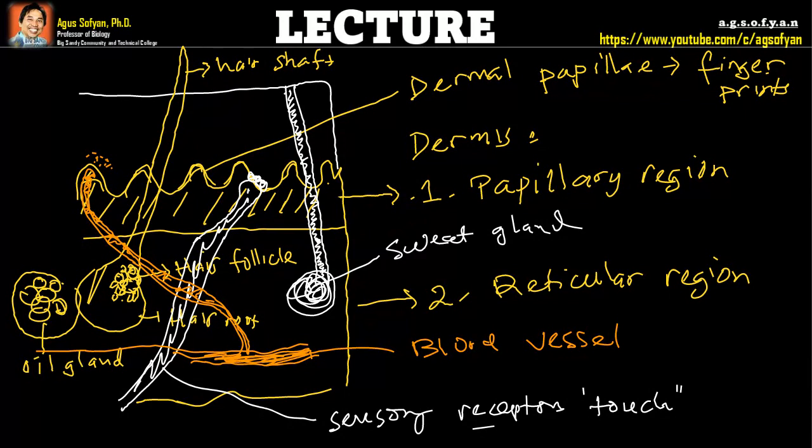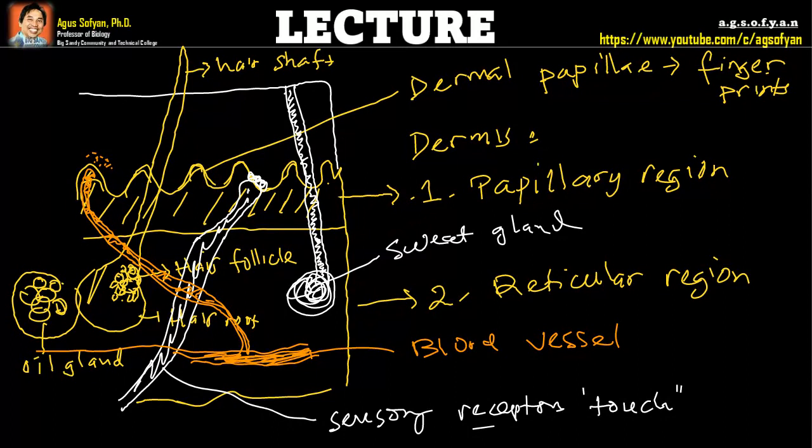In the dermis, we have the sweat gland that will produce sweat when our body temperature increases. In the dermis, we also have a sensory system that senses changes, like touch or stimulus, like temperature change, etc. We also have the oil glands that will produce the oil, and also we have the hair.